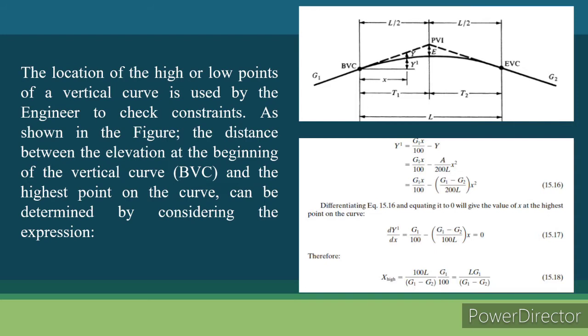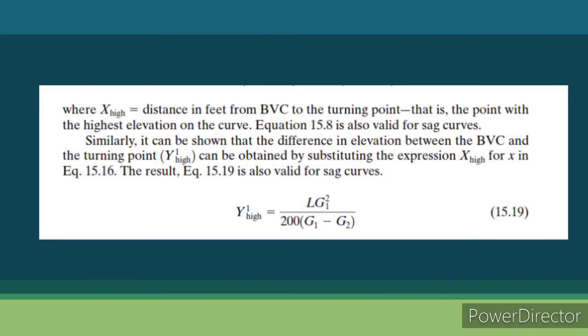Simplifying the equation, we can conclude that the formula for the highest point of the vertical curve is x high equals L times grade 1 all over grade 1 minus grade 2, where x high is the distance in feet from the PVC to the turning point, which is the point with the highest elevation on the curve.